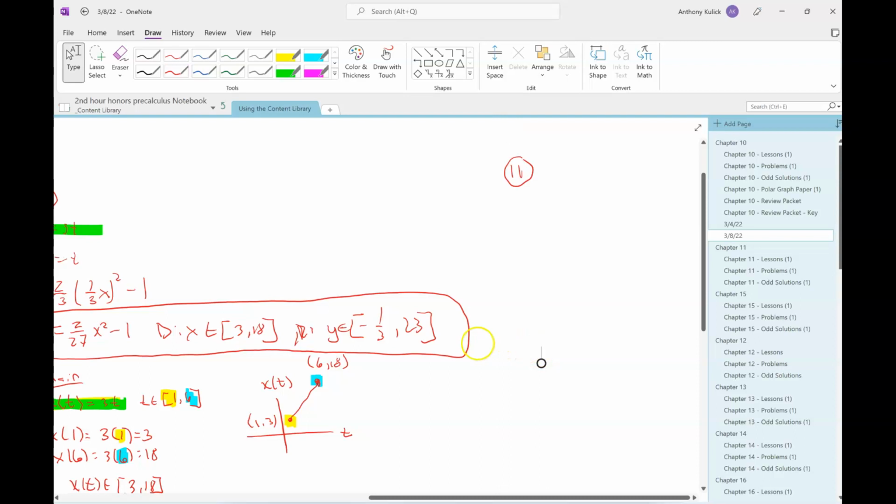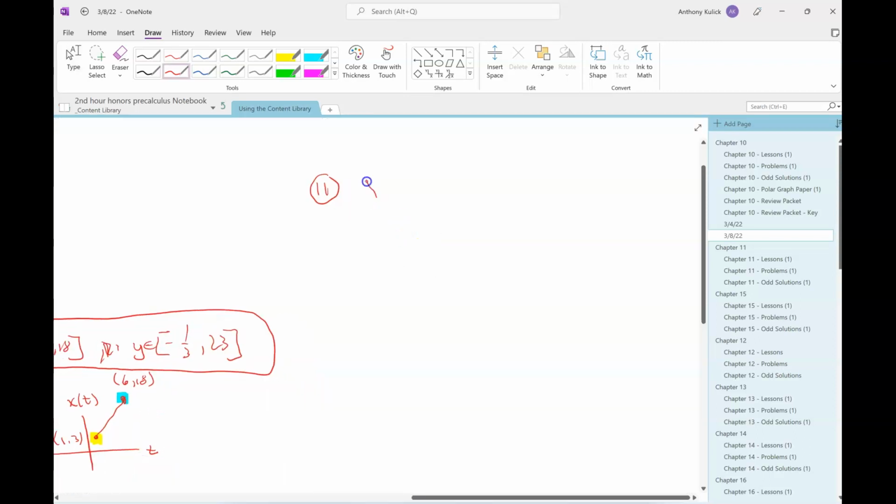So we start the same way. We're going to start with the x parametric equation and get the t by itself. So we'll subtract 2 from both sides and then divide by negative 3. So far, so good? Okay.